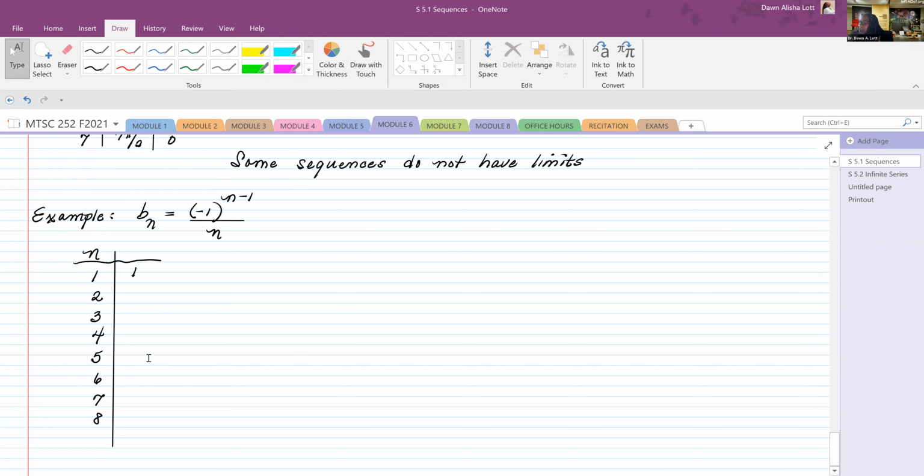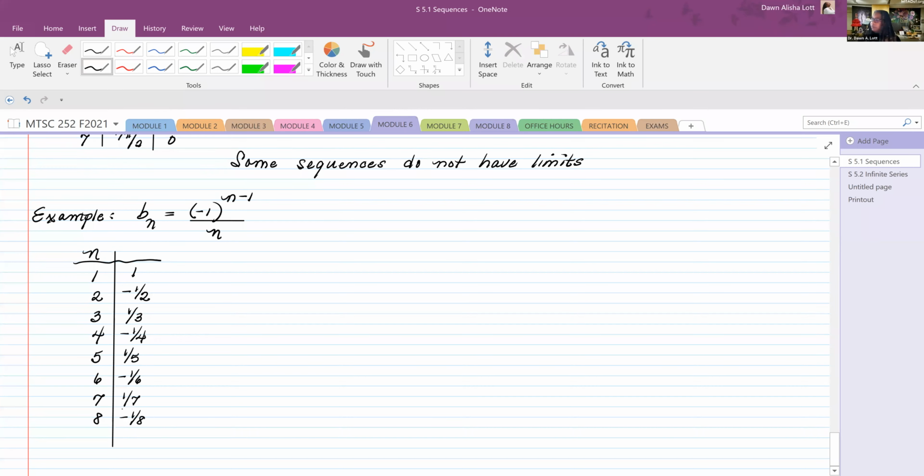When n is 2, I get 2 minus 1 in the numerator, so -1 to the 1 is a negative. So this is going to give me -1/2. Then I'm going to get +1/3 and -1/4, and +1/5 and -1/6, and +1/7 and -1/8.